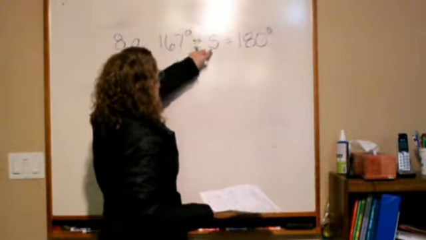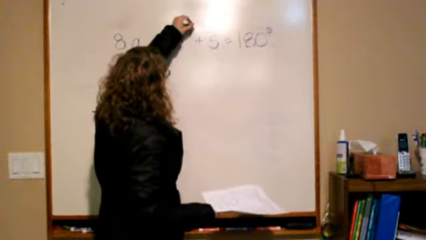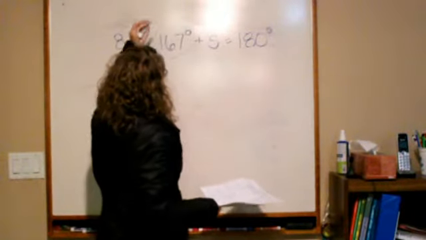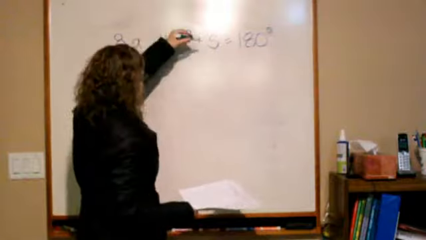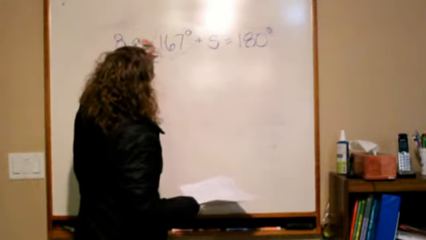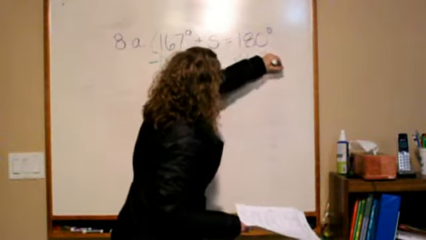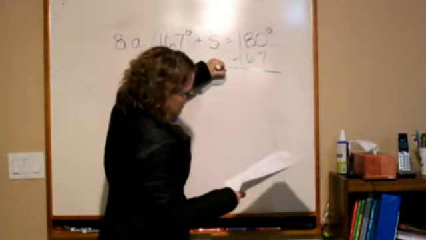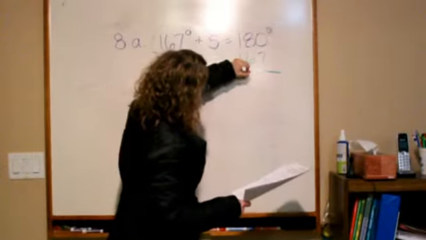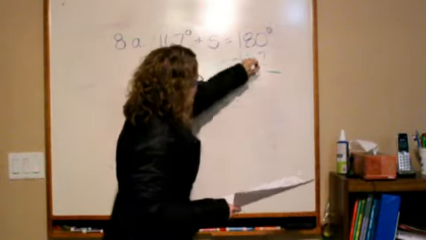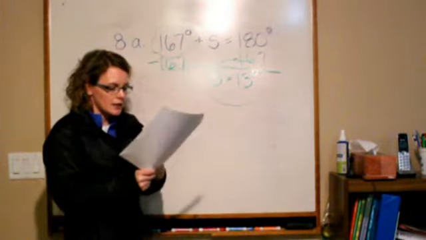So we want S by itself. It's being annoyed because we're adding 167 to this side. So we want to do the opposite, subtract 167 from both sides. I get S equals 13 degrees. So the supplementary angle is 13 degrees.